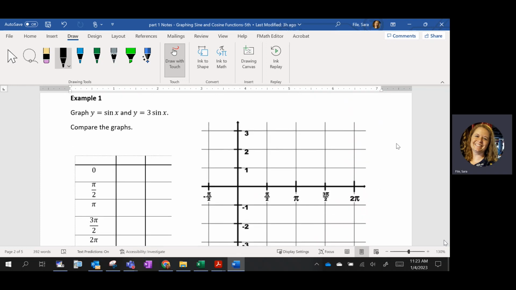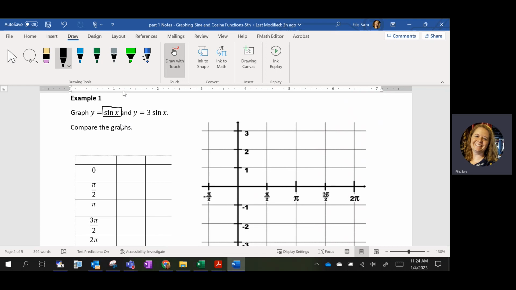All right, so let's look at actually graphing. For the sake of our notes, I said I'm going to make a table of values. Eventually, you'll get to a point where you may not need to do that. And for the sake of our notes, I'm always going to have us put the parent function on there so that we can compare them together, see them together.